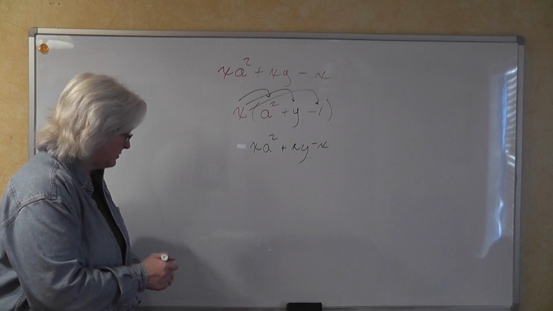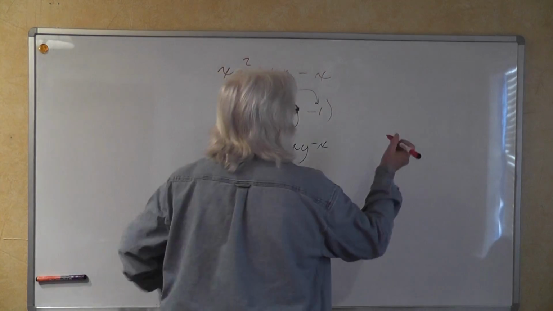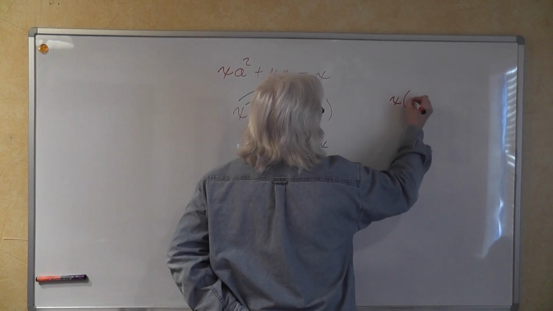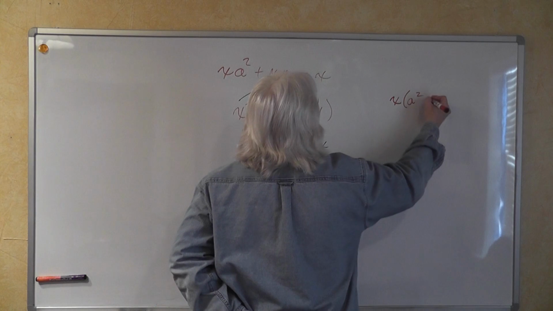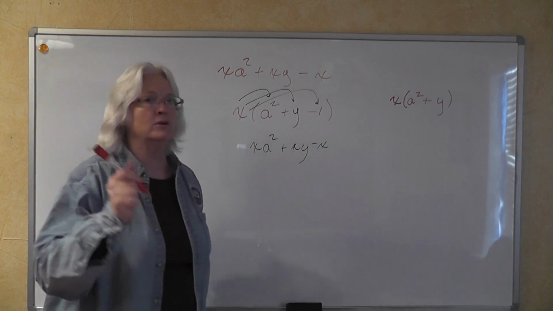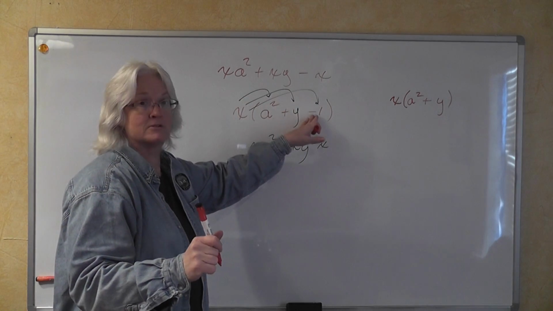Let's say that you were in a hurry and you simply made that mistake we referred to a moment ago, and you said x times a squared plus y. And you didn't take the time to do your distribution.